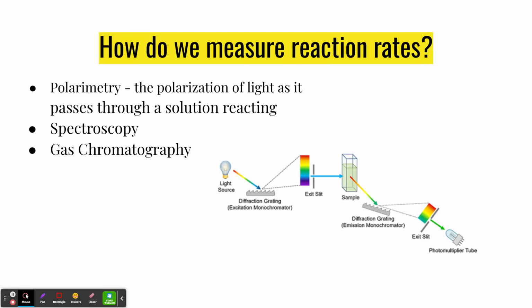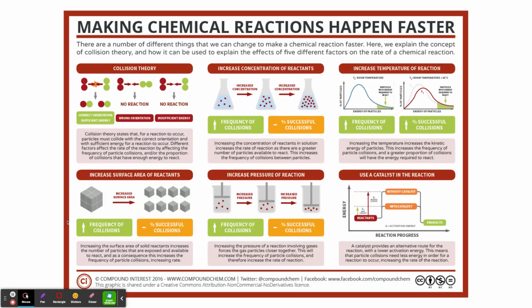And then finally, you could also use gas chromatography, which is combining chromatography with the production of gases. If we were to do anything in the laboratory, guys, we would be using spectroscopy.